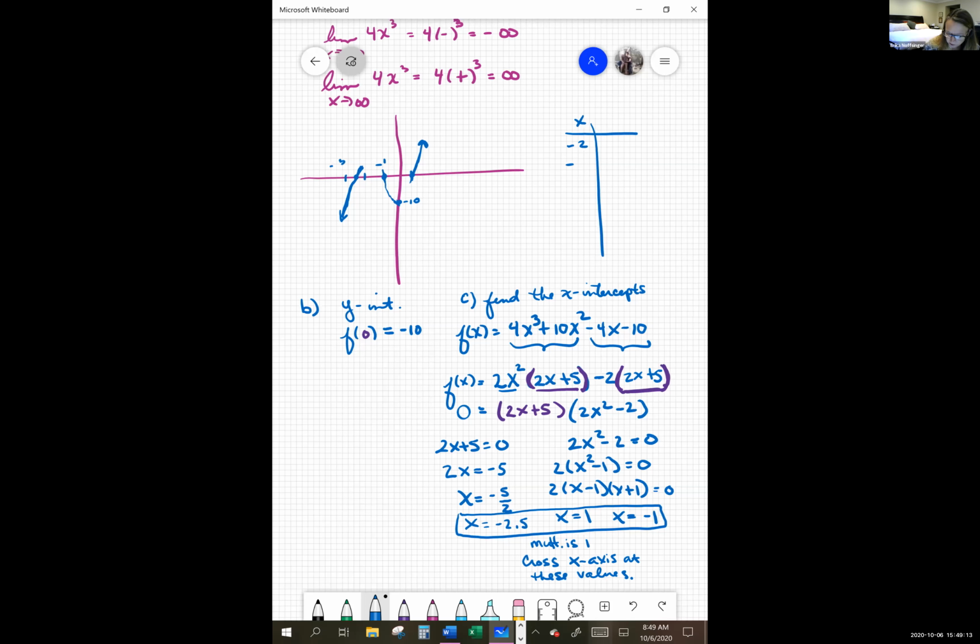How about negative 1.5? How about negative 0.5, 0.5? Okay, so let's go in and plot that.